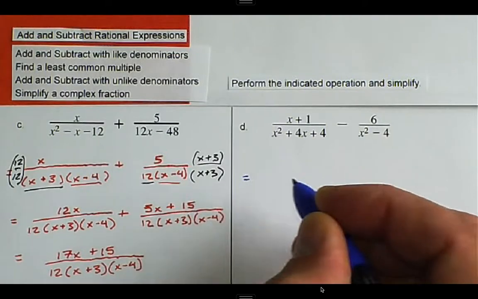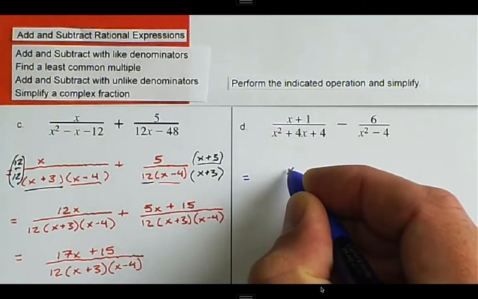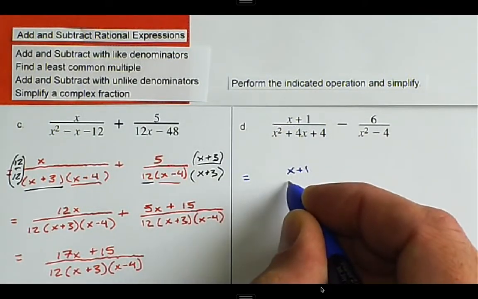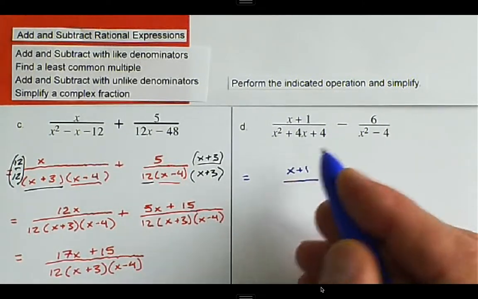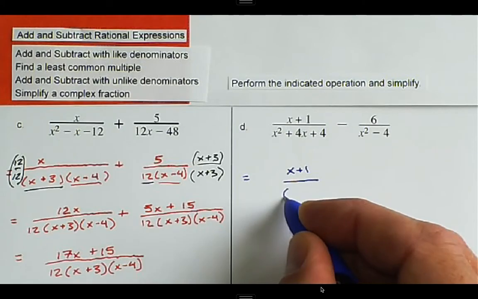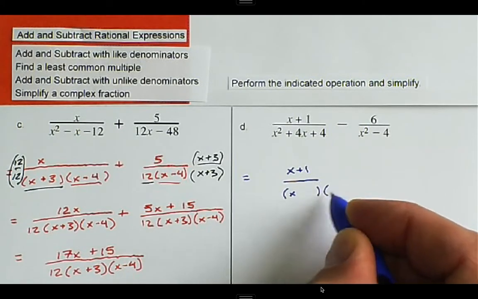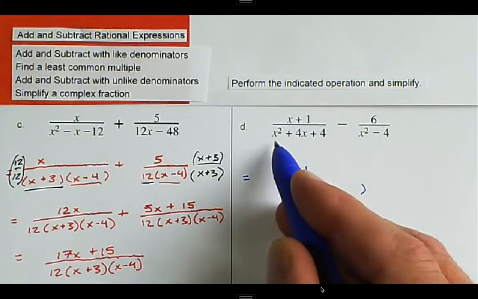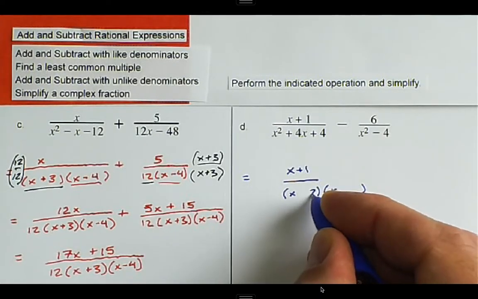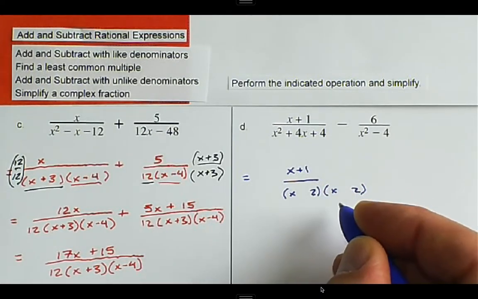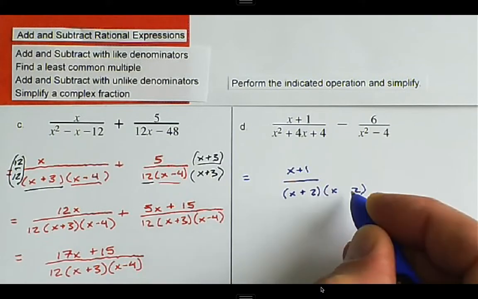We're going to leave the x plus 1 alone in the numerator. And then in the denominator, we have to factor this. And so we get x and x, that's x squared, and two numbers that multiply to 4 and add to 4. That's going to be 2 and 2, and these are both going to be positive.